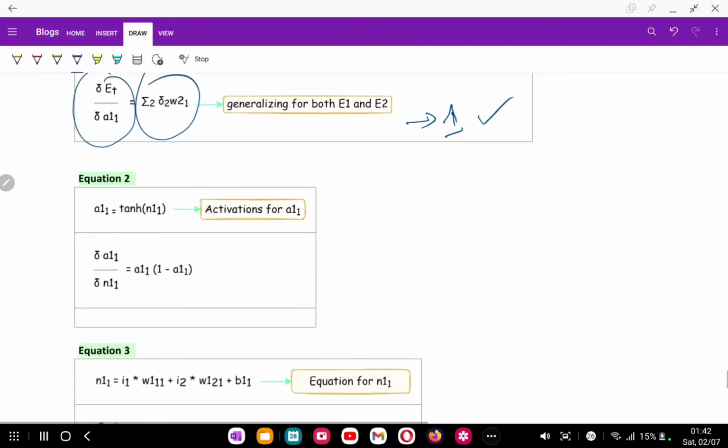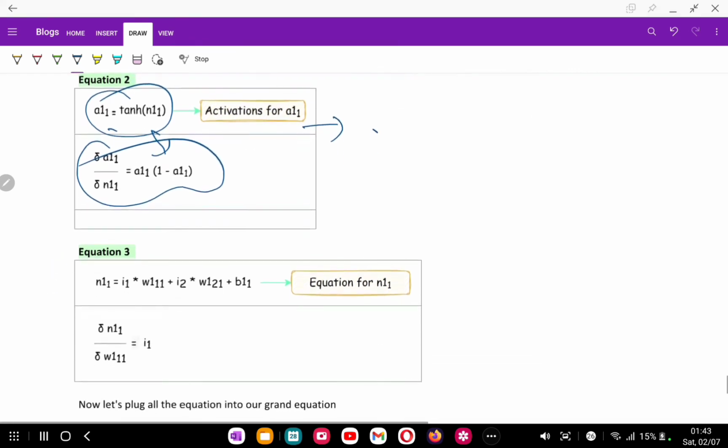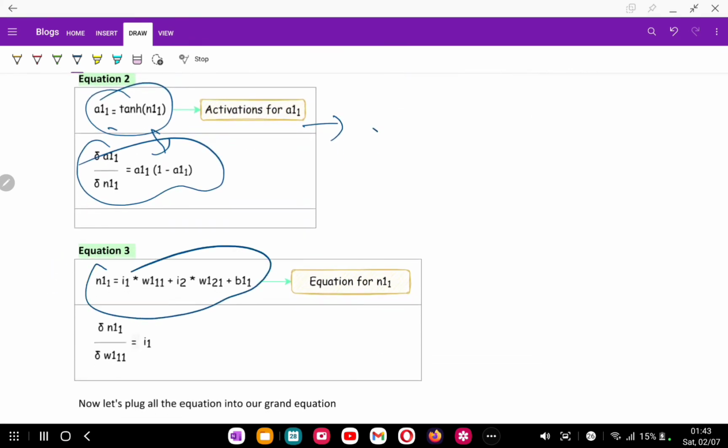Now I'm not going to solve this, but a derivation is available on the internet, so this can be simplified into this, and the third equation is simple, like you just take a derivative, N11 W11, all the elements which do not contain N11 will cancel out and only I1 will remain.